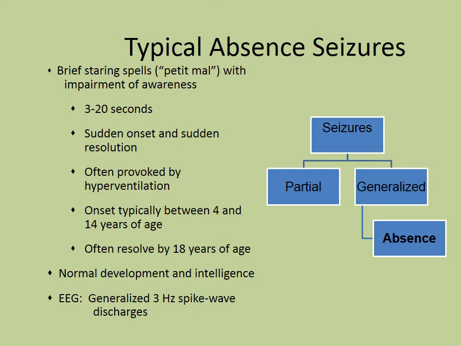Absence seizures are often provoked by hyperventilation, and that's one of the ways they can reproduce it when they go in to get their EEG: they can have them hyperventilate, and lots of times it'll reproduce the seizure. When they do the EEG, it has its own signature for absence seizures, so they can pick that out. These children have normal development and normal intelligence.